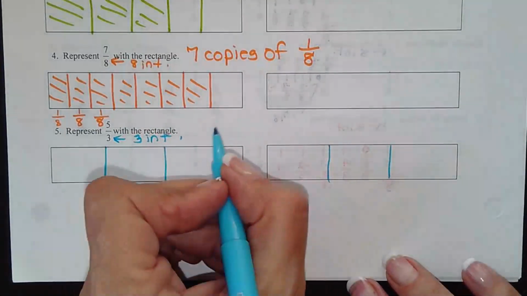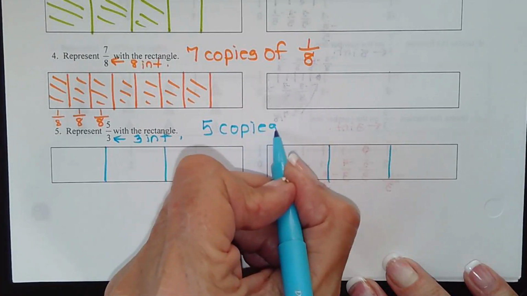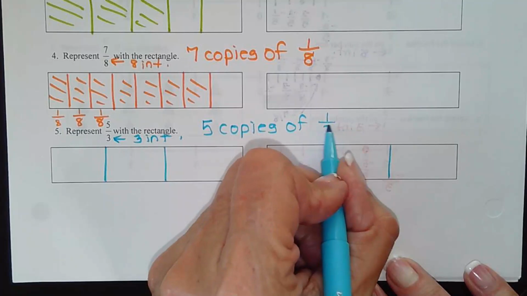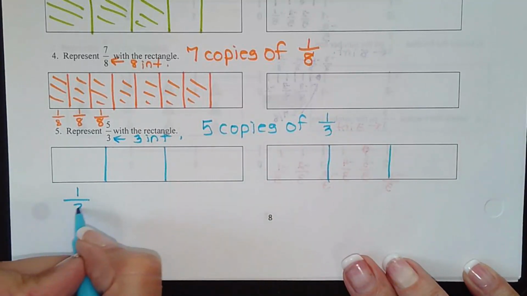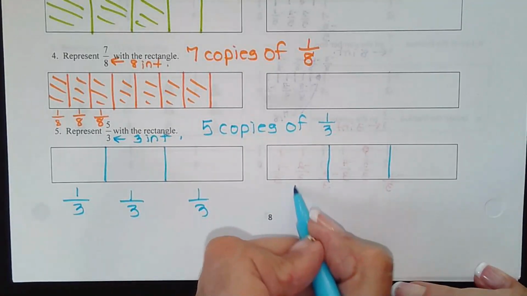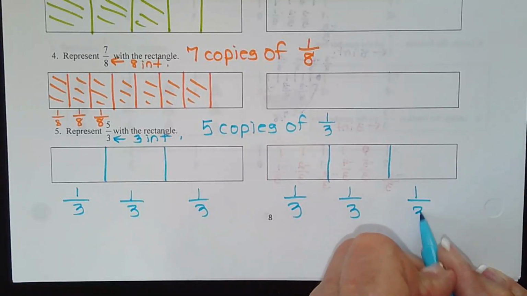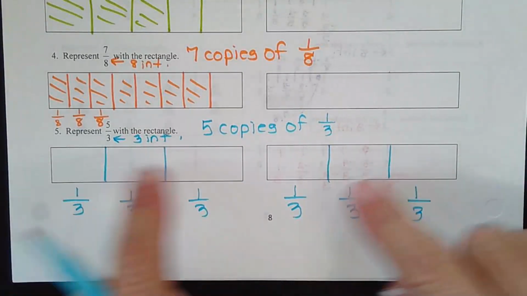So now I need 5 copies of 1/3. And remember, each of these is a third. This is a third of the whole, this is a third, this is a third, this is a third, this is a third, this is a third, because 3/3 make a whole, and these are 2 wholes.